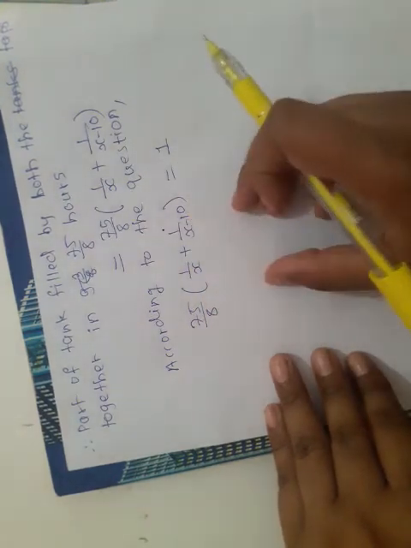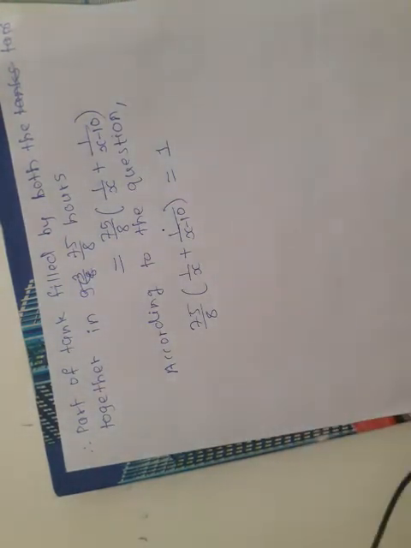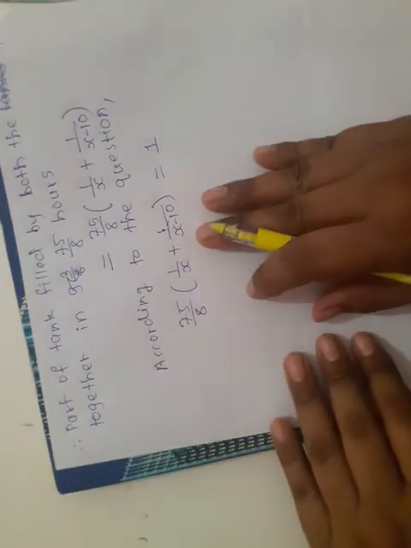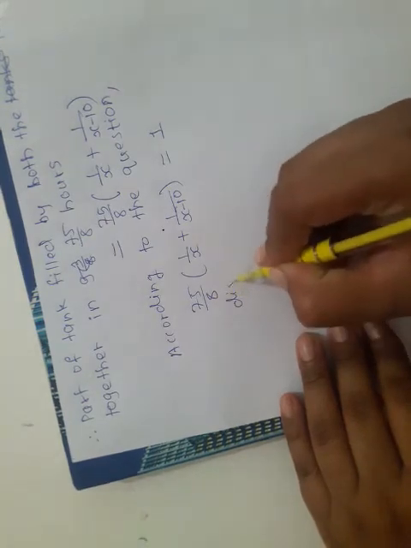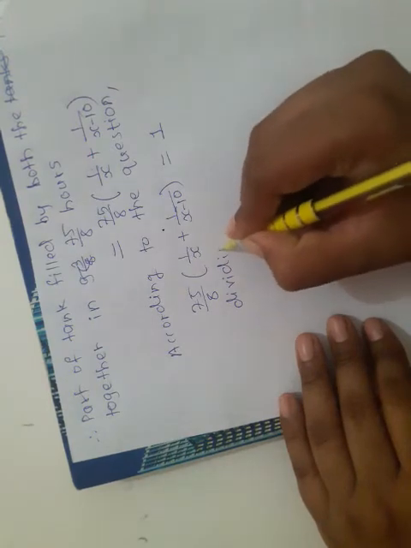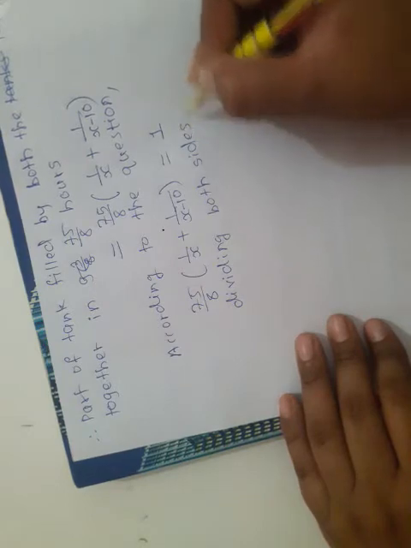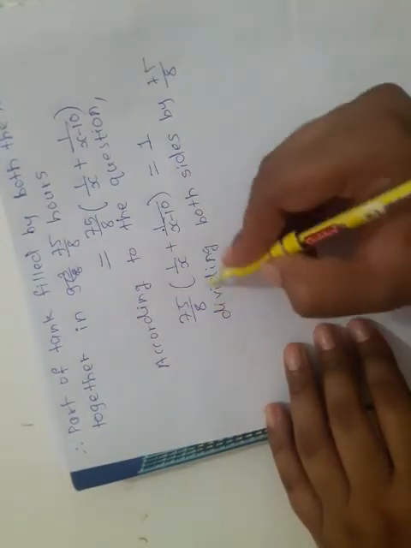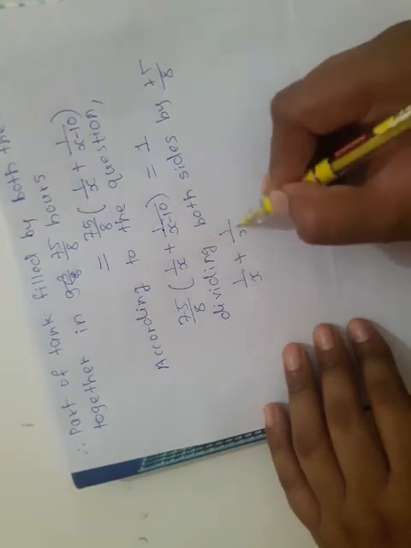Find it by using any method that you have seen in earlier videos. So here, solve this. Write down: dividing both sides by 75 upon 8, 75 upon 8 divided by 75 upon 8 gets cancelled, and we get 1 upon x plus 1 upon x minus 10.